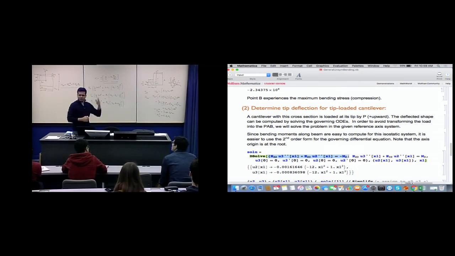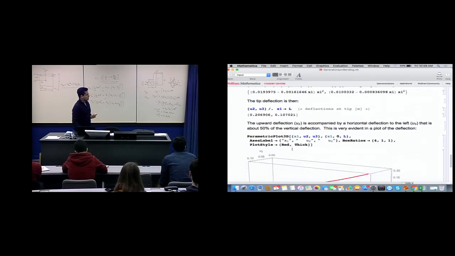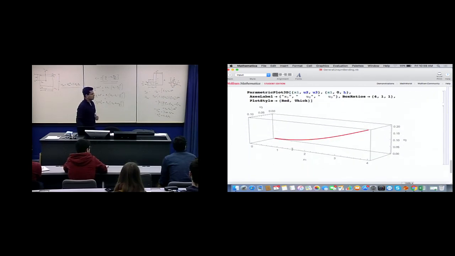Slope is 0 for a cantilever at the root, and the moment and shear force boundary conditions on the right end, because it's a free end other than the load P. So then you'll evaluate these displacements and you'll receive a plot like that. Because it's an unsymmetric section, it has both u2 and u3, so it's like a 3D plot. If it was a planar problem, you would have just got bending in x2 or x3.